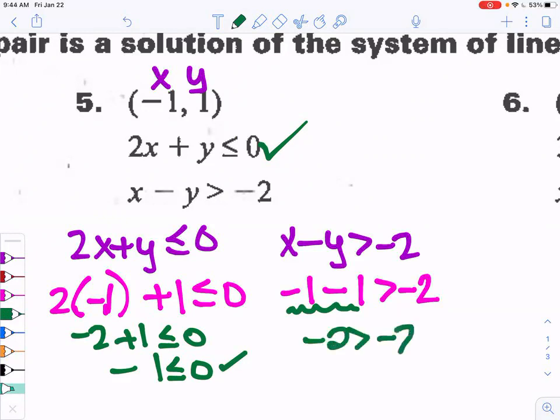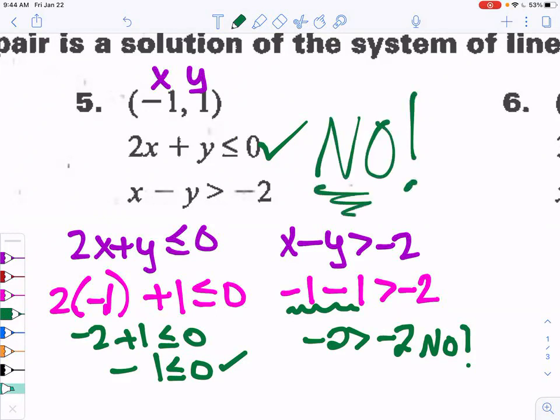Here's the tricky question. Is -2 bigger than -2? No, it's the same, it's equal to, but it's not bigger than it. And that inequality symbol says greater than. So if one is a yes, and the second one is a no, is this ordered pair a solution of the system? No. So big no there.